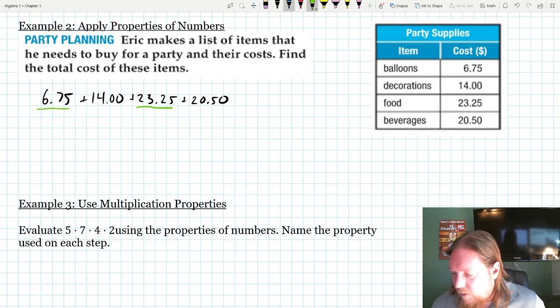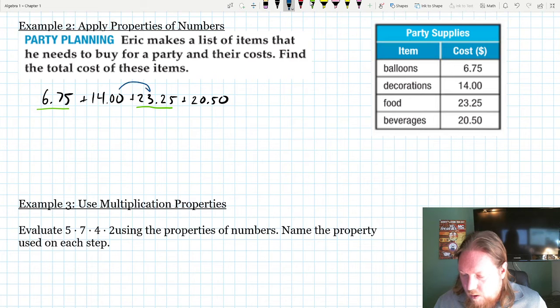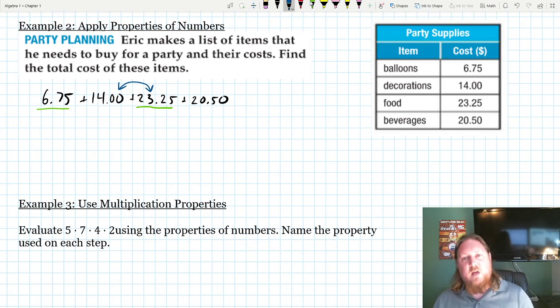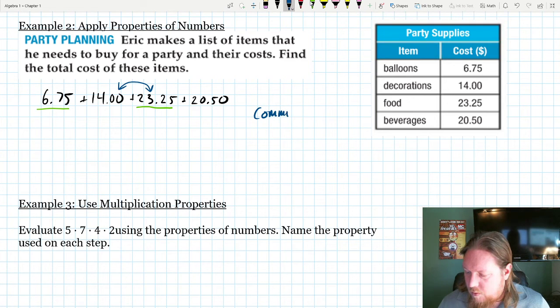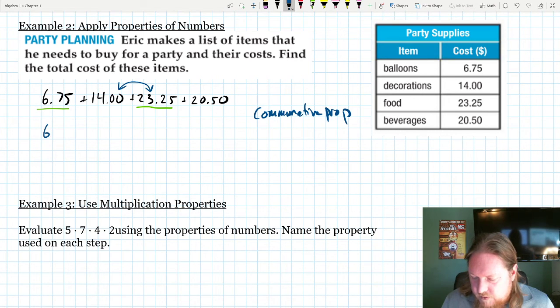Now, to do that, all I'd really have to do is change the location of the $14 on decorations and the $23.25 on food, and I'd have what I want. The property that allows you to switch the order, that's the commutative property. So, I'm going to do 6.75.